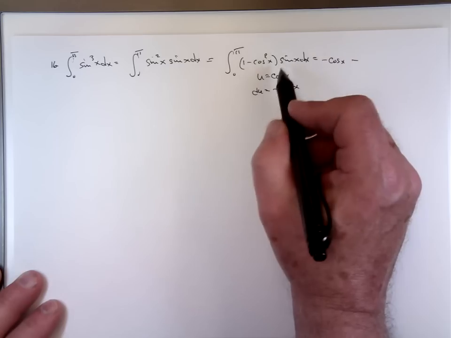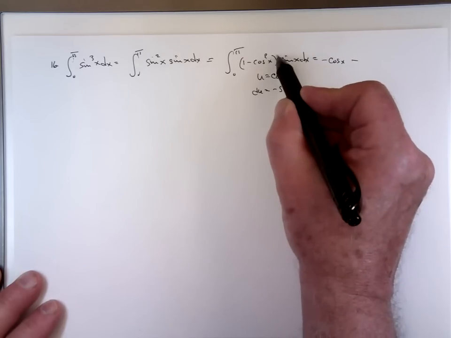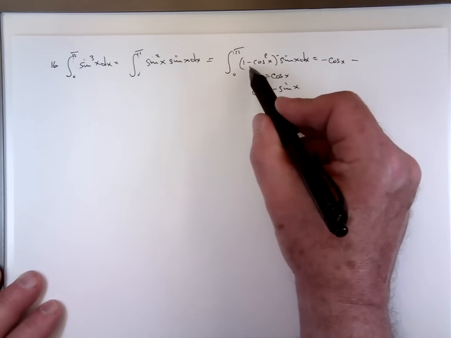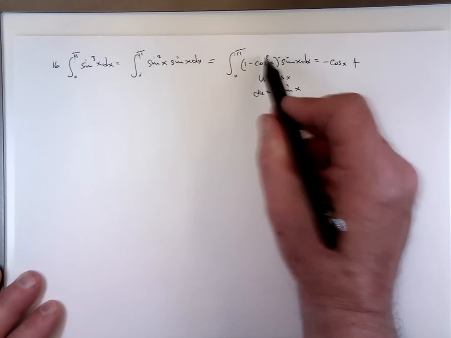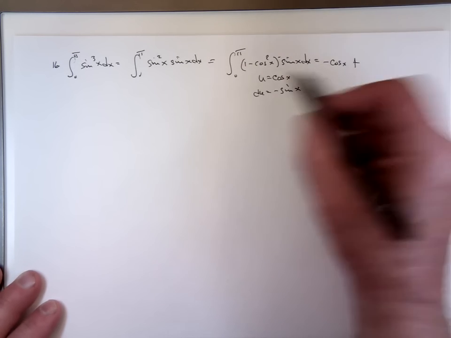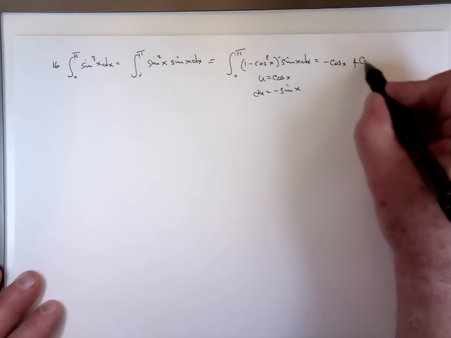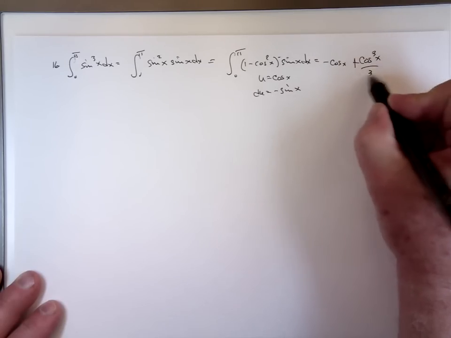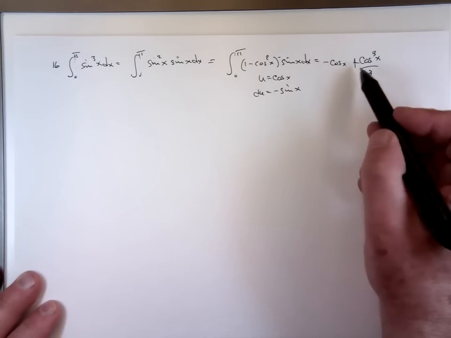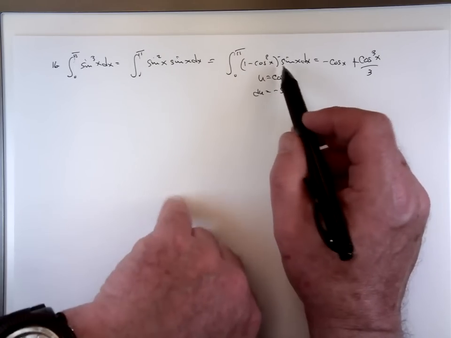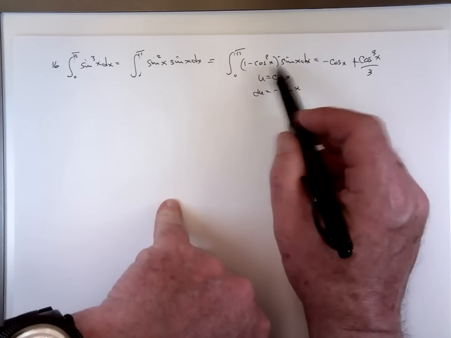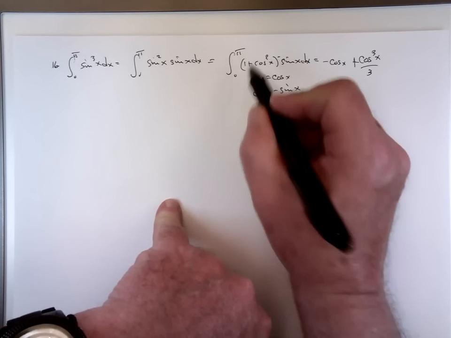I think the best way to look at this is multiply this by negative 1 and this by negative 1, which will make it a plus. Then you have u squared du. And the integral of u squared is u cubed over 3. And it's going to be a plus, because you had to multiply by negative 1 to get your du here. And multiplying by negative 1 will change this into a plus.